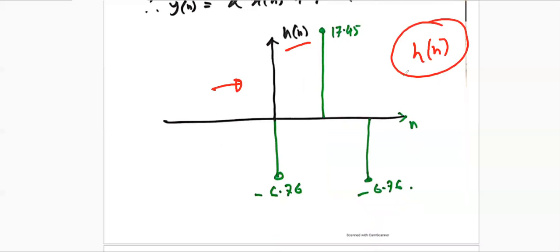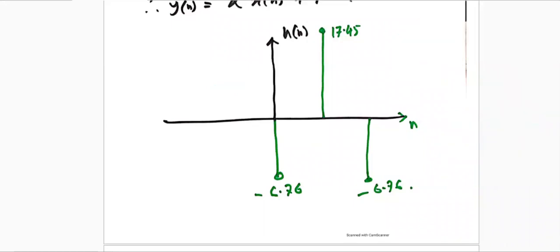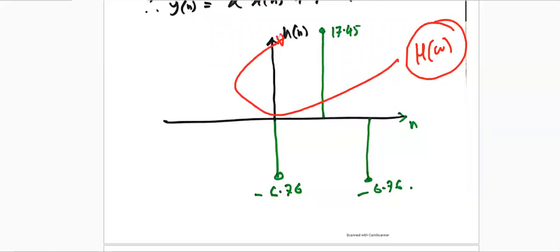In our case, the target was that omega equals 0.1 should be cancelled, and omega equals 0.4 should be passed. But whenever we are talking about designing a filter, what could be the output of that design process? You need to design a particular H(omega), and in consequence, you need to show what is the value of h[n].